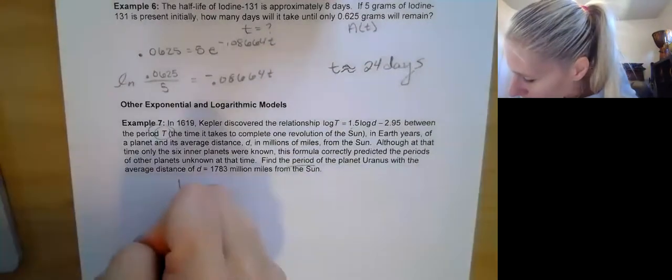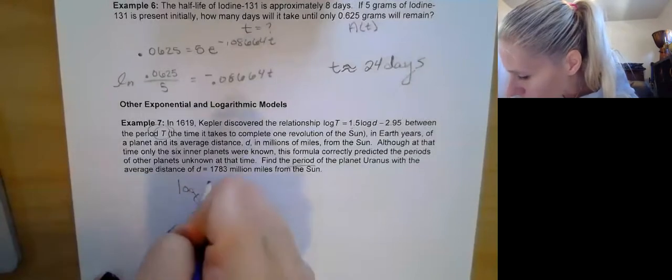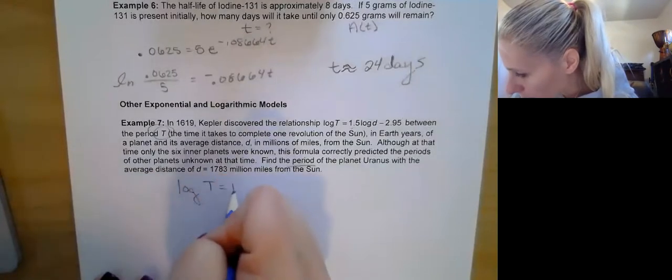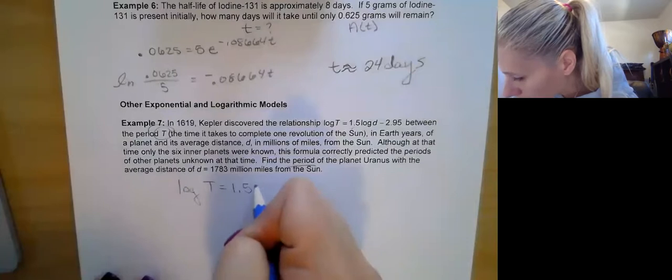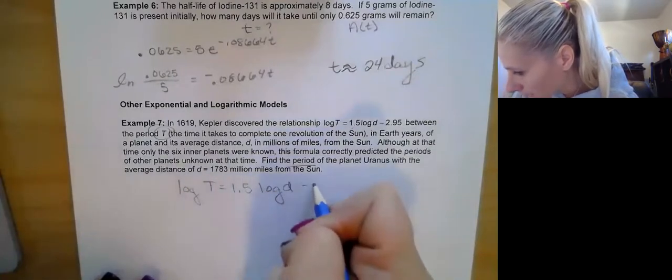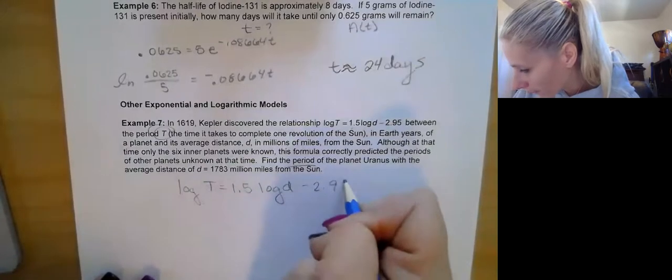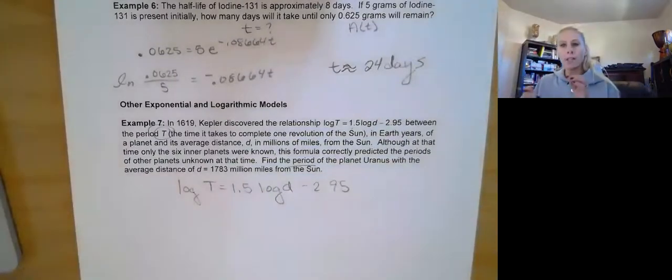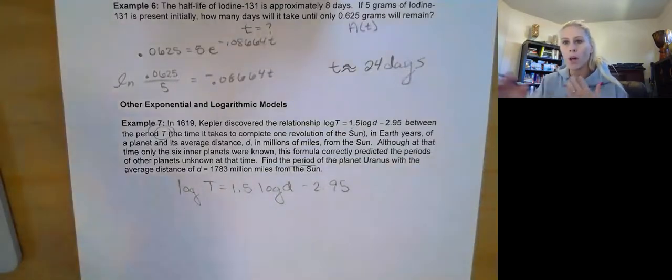So we have log t equals 1.5 log d minus 2.95. Now, I have two variables, so I don't want to move all the logs on one side and put them together, because then I'm going to have too many variables together.